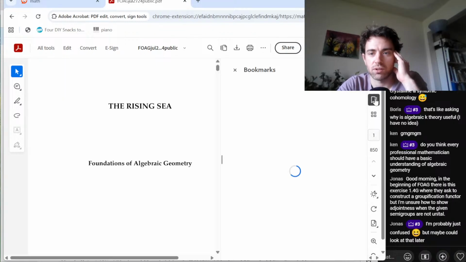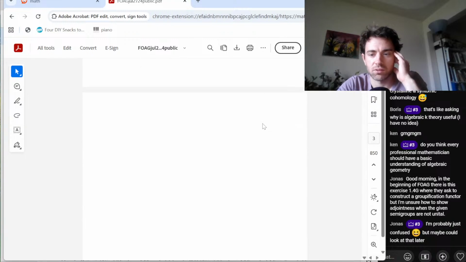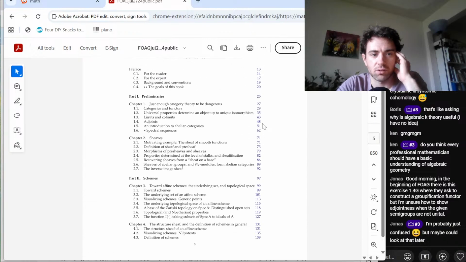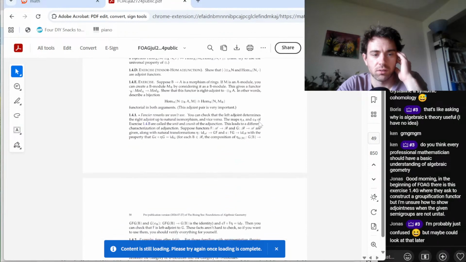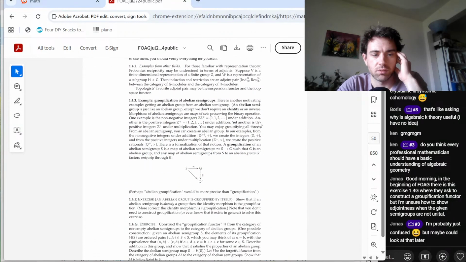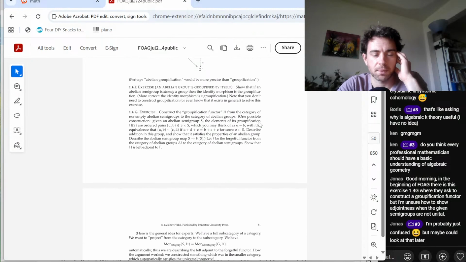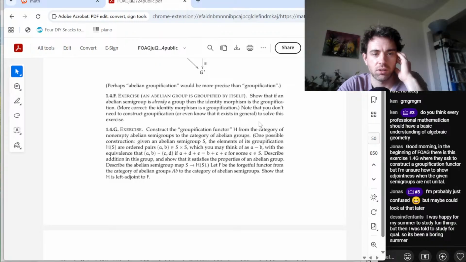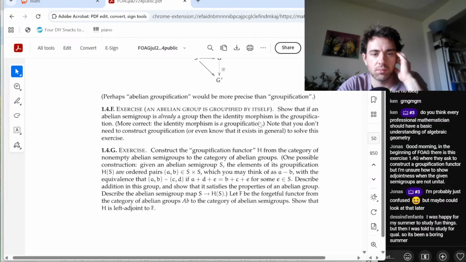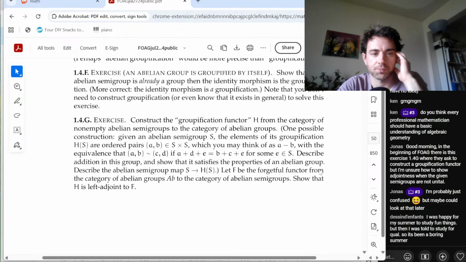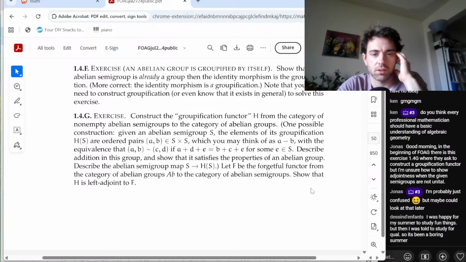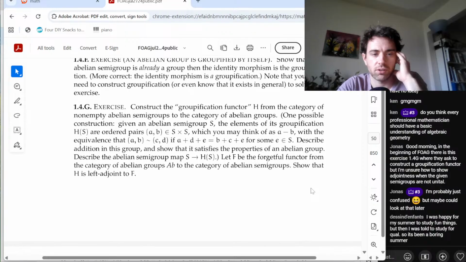I guess I could just scroll there. 1.4, boom. 1.4G, constructing the groupification from non-empty abelian semigroups to abelian groups. Show that H is left adjoint to F.